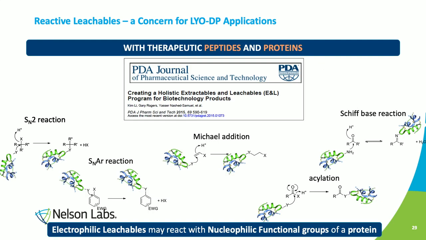We are not the first or only ones who observe this type of reactivity of certain leachables. I would like to draw your attention to the article of the R&D team of Amgen and the observations they made for therapeutic proteins.